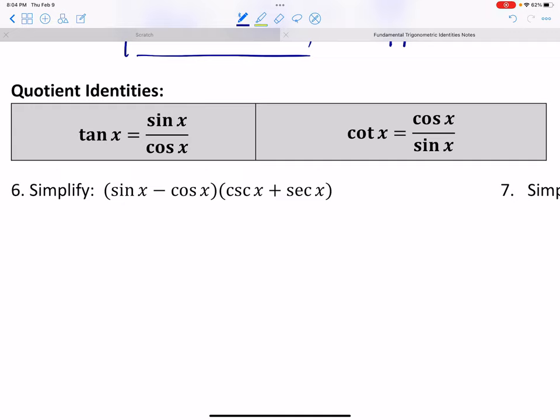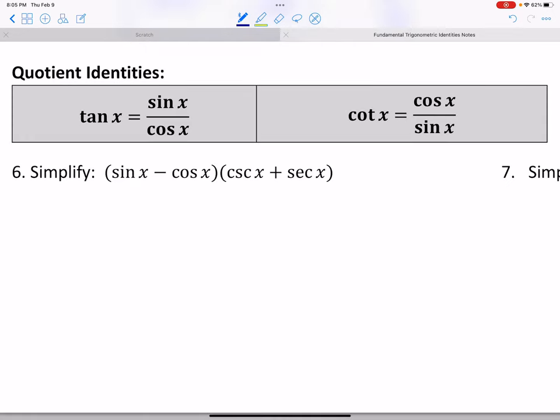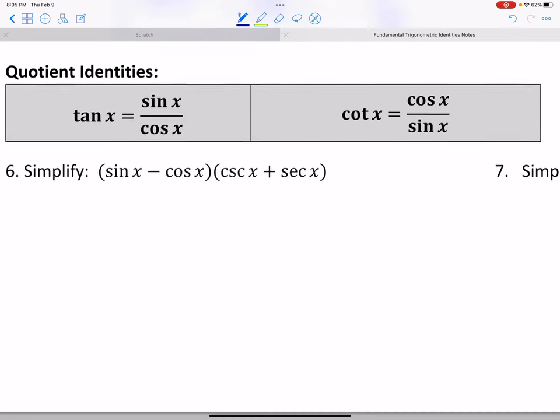So this one goes a little larger than I planned for in this space, so be careful spacing-wise if you're copying this down on the note sheet, but we are going to try to simplify this mess by multiplying these 2 binomials. So let's start here. When I multiply sine of x times cosecant of x, I get exactly that. Sine of x, cosecant of x.